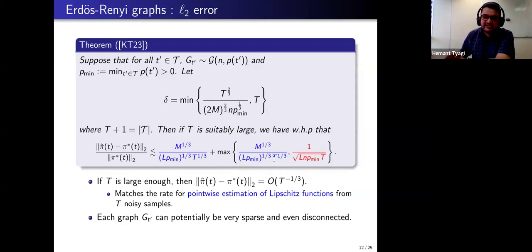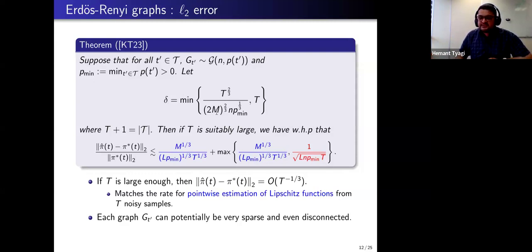So what it says is that as you have more and more grid points, more and more temporal data, you can do better and better for pointwise estimation, and your error goes to 0 at this rate. And this result applies even if all your graphs are highly disconnected, very sparse, it doesn't matter. And you can see how the delta is typically going to be little o of t.